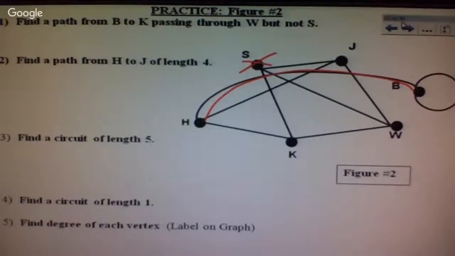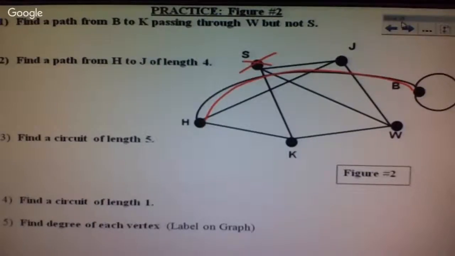Now I want you to write down how you get from B to K. You have to somehow get from B to K by passing through vertex W, but not passing through vertex S. J, W, K. That works. H, K. Number 3 is fine.